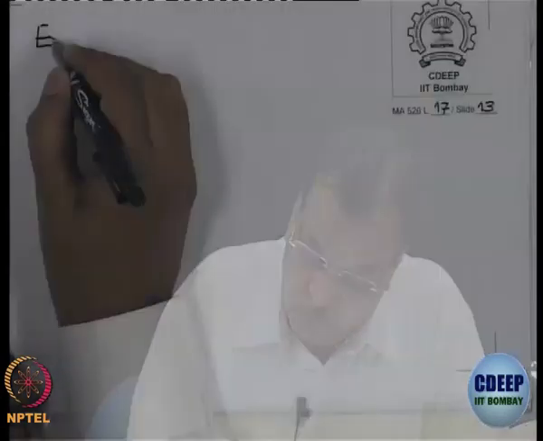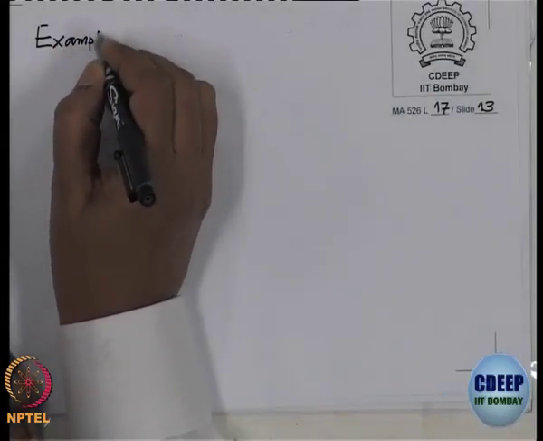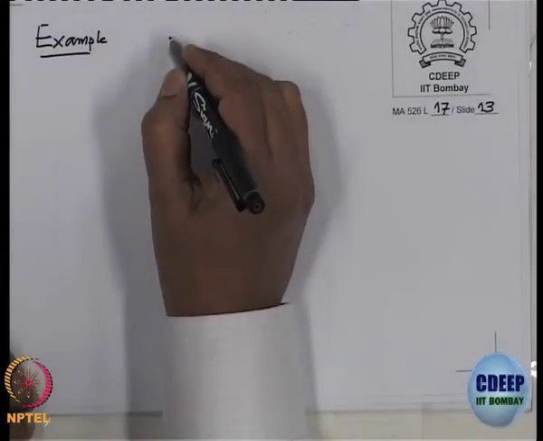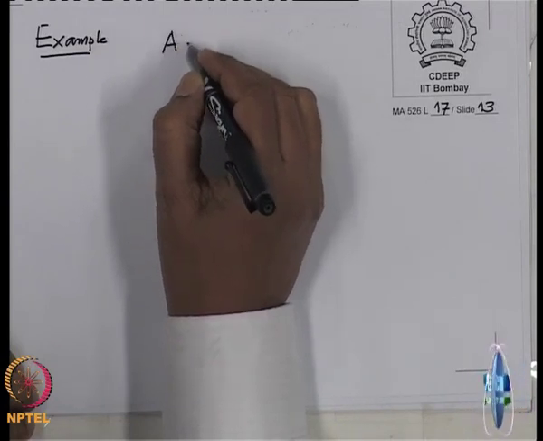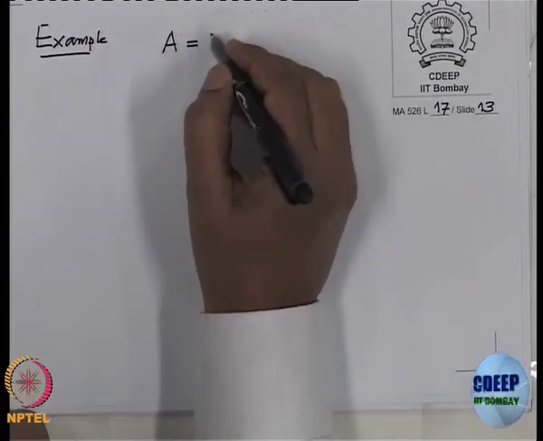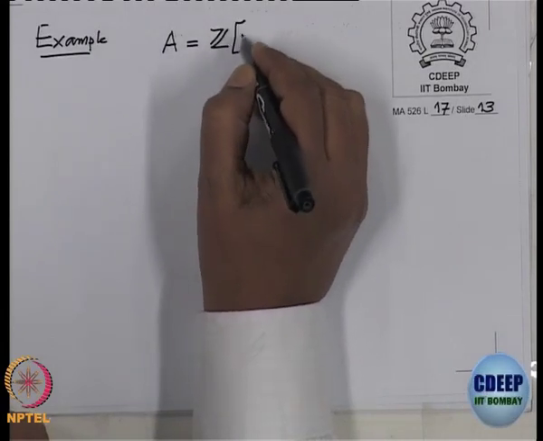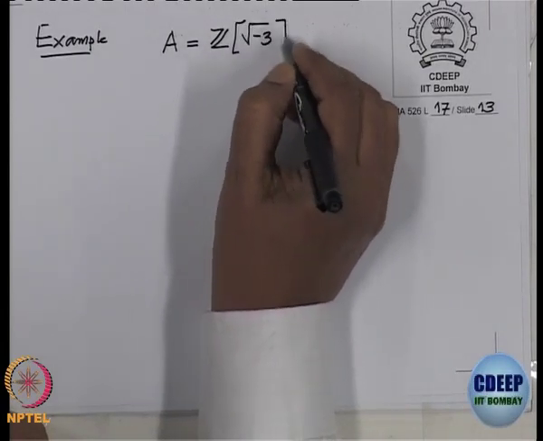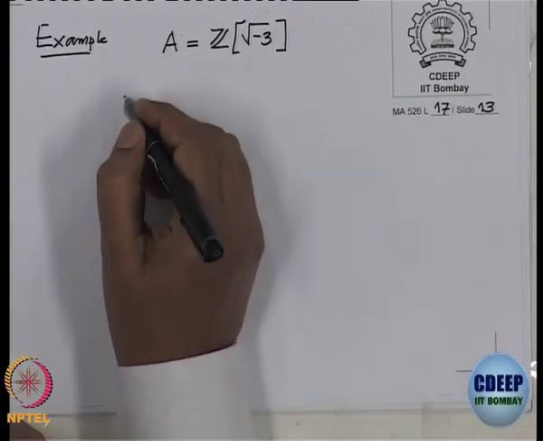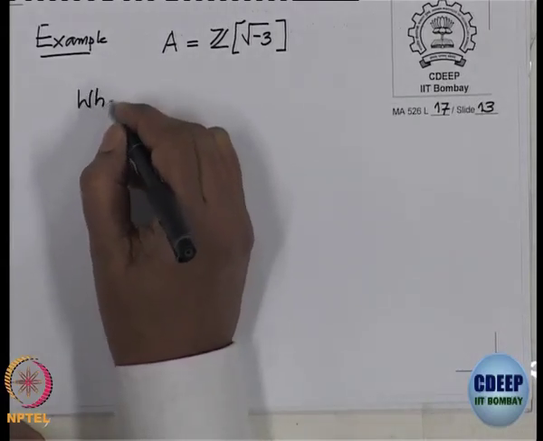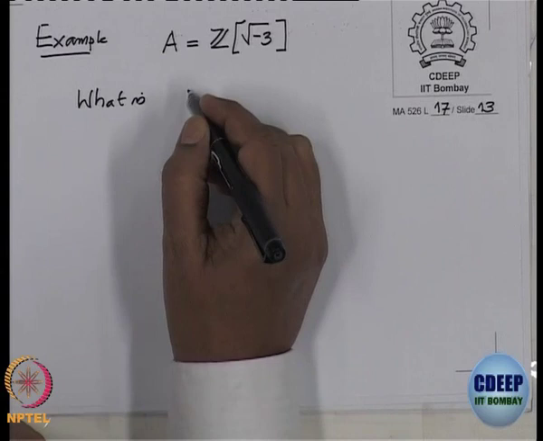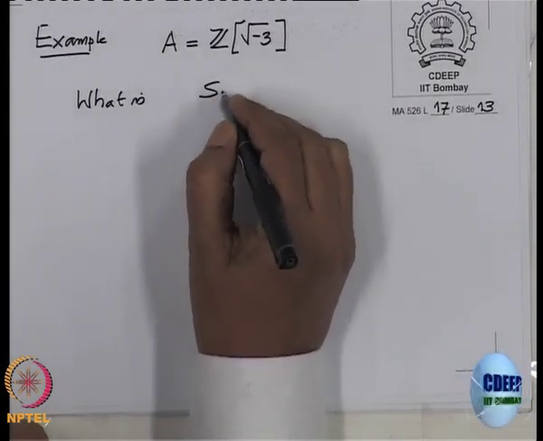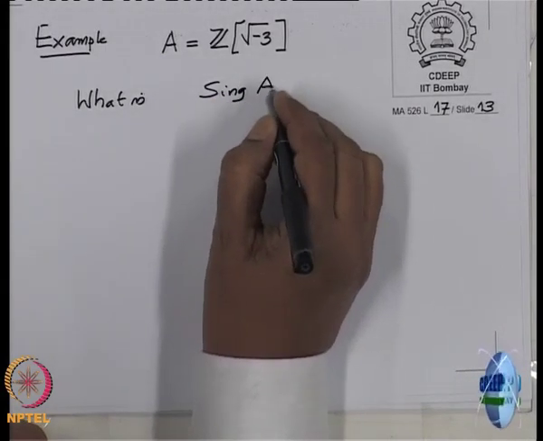Another example, so these are geometry examples, but also it is interesting to compute. If you look at the ring A, now this is not an affine algebra, Z[root minus 3]. Now, what is the question? What is the singular locus, Sing A?